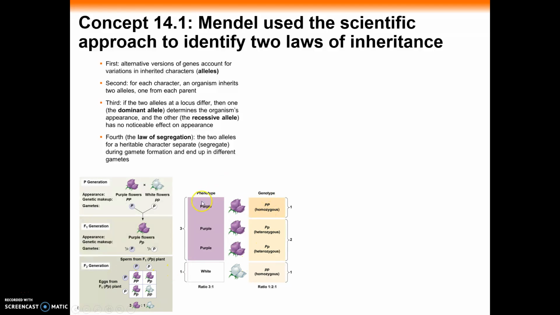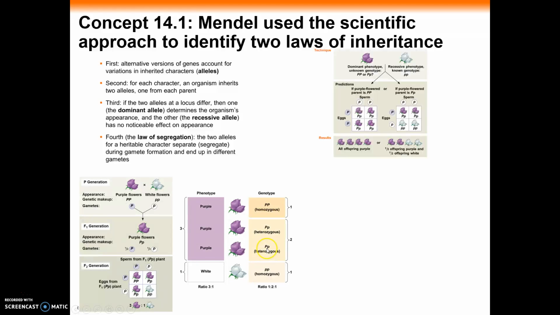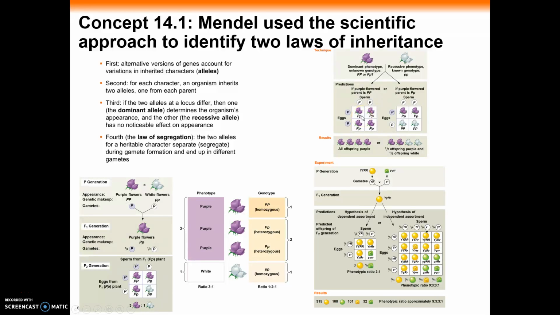You can see here there's a difference between phenotypic ratios and what the actual genotype ratios look like. You can see that if we need to know whether something is heterozygote or homozygote, if we do a test cross, we can determine that more easily than doing a bunch of self-fertilizations.